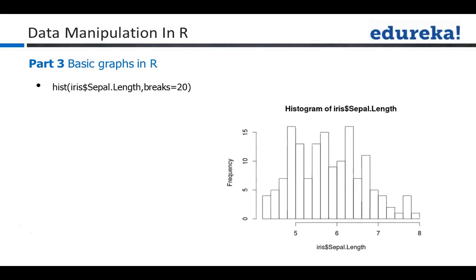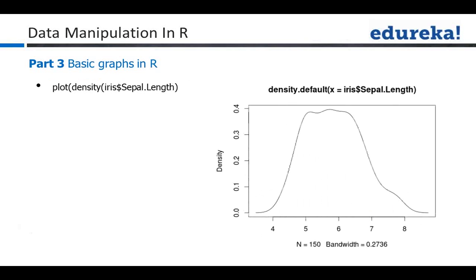Histogram we have seen. Where do you use histogram and where do you use bar? Okay, histogram you use for a frequency distribution. The only difference between a histogram and a bar is that in a histogram the columns are connected to each other. There's no gap between the two columns, whereas in a bar graph, there is a gap between the two columns.